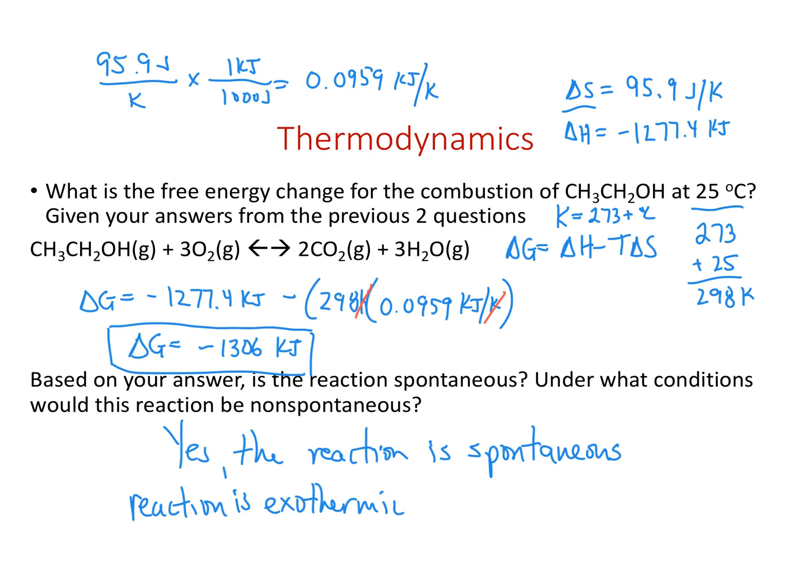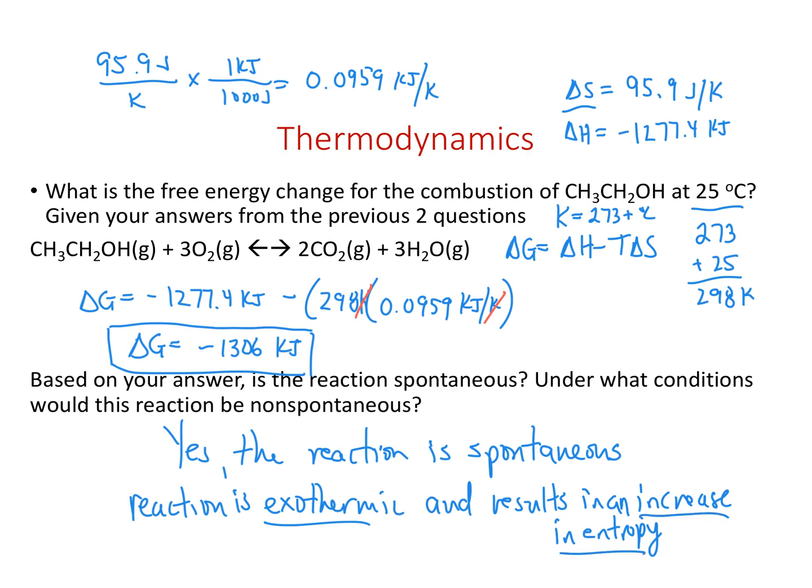So the reaction is exothermic, which helps us, and results in an increase in entropy. Both of those things are favorable, so you put them both together, you are always going to get a spontaneous reaction. Any reaction that's exothermic and results in an increase in entropy will always, always, always be a spontaneous reaction.